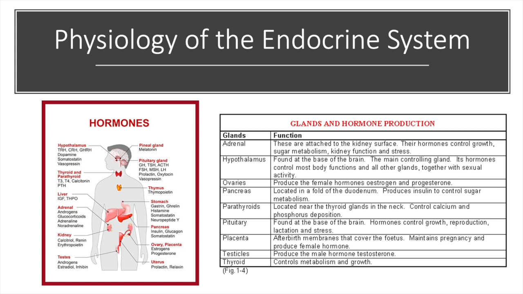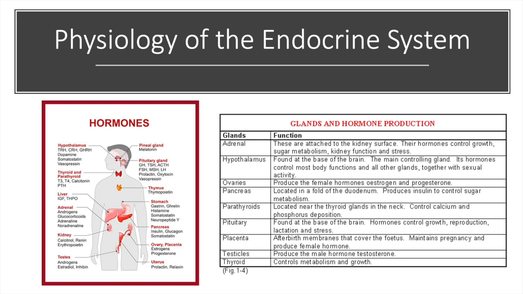So then we have function. On the left, you see a labeled character that has all of the hormones associated with the different endocrine glands and exocrine glands. I'll just essentially give a short rundown on the function of these hormones based on gland. So that adrenal gland that sits right on top of both kidneys has hormones that control growth.